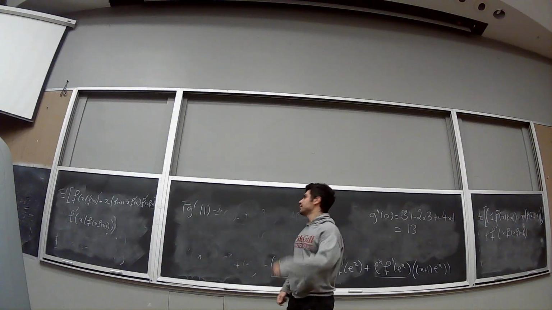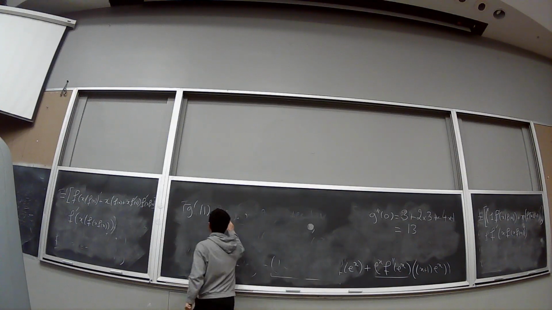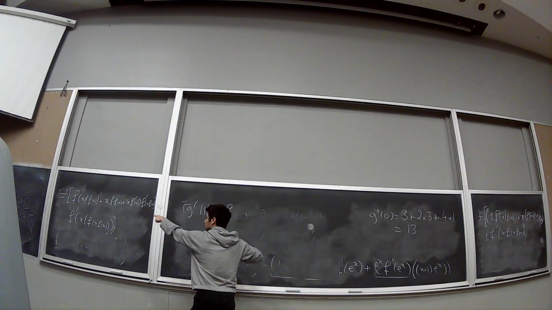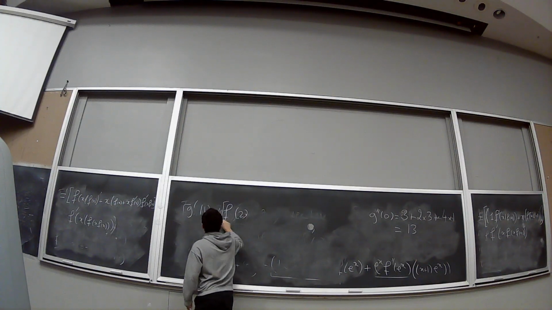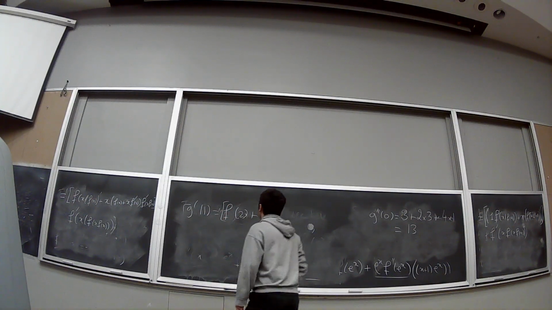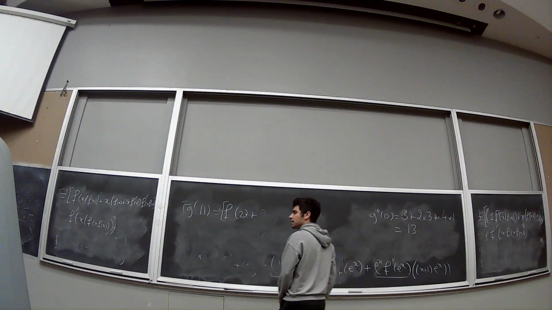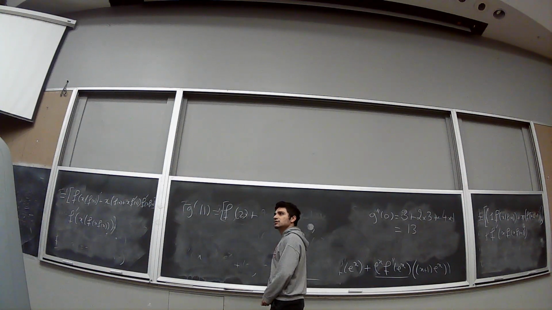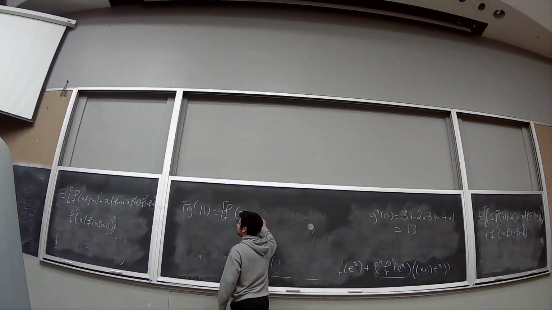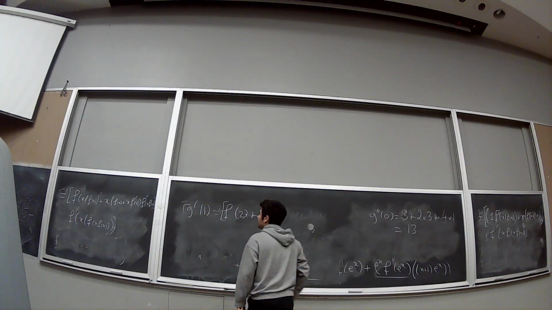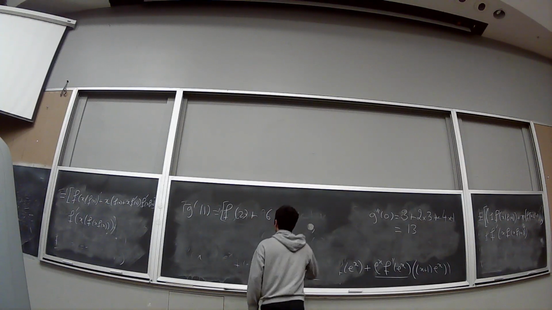You guys have f of 1 is 2, so g prime of 1 is f of 1 times f of 1, so it's just f of 2, plus f of 1 is 2, and f prime of 1 is, what is f prime of 1? 4. So it's 2 plus 4, plus, 2 plus 4 is 6, right? It's f prime of 2, right?